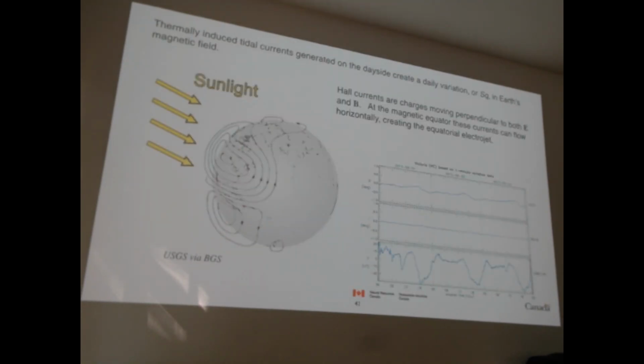There's also a daily variation as the Earth rotates beneath the Sun. The Sun heats up the conductive ionosphere on the Sun side, and you get these tidal currents which create circulating currents, which create magnetic fields.